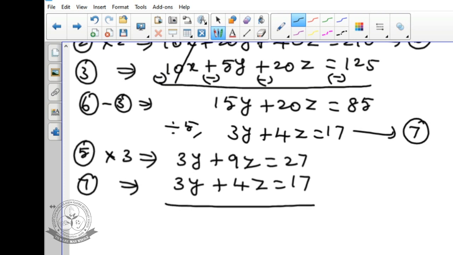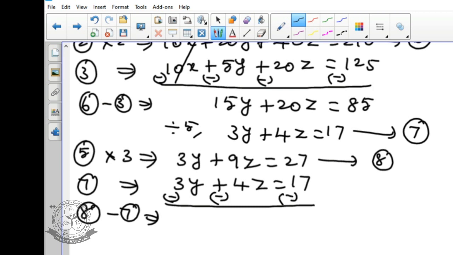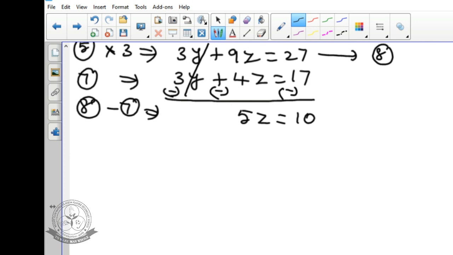Now y has the same coefficient, so I have to subtract the equations: equation number 8 minus 7. So we have to change the symbol. 9z minus 4z is 5z. 27 minus 17 is 10. So we need z: z equal to 10 by 5. So z equal to 2.